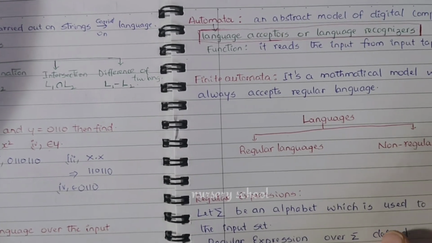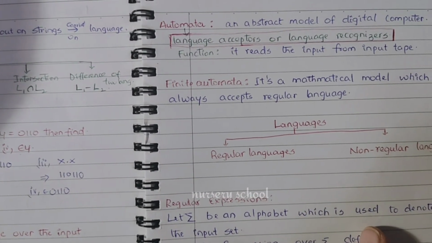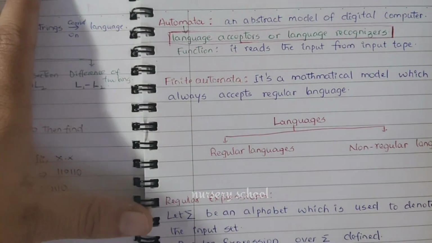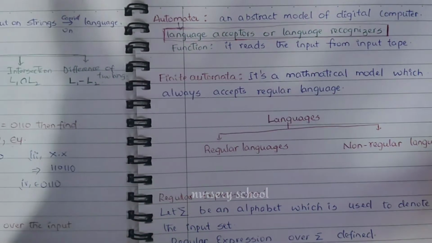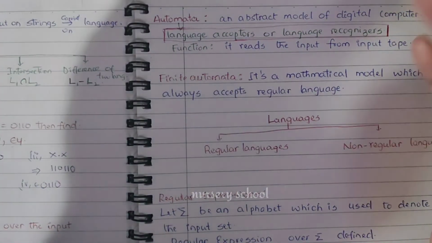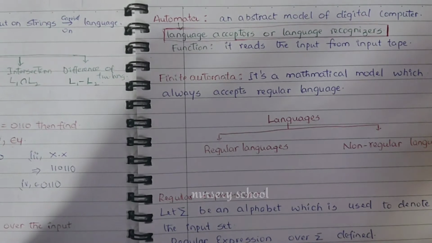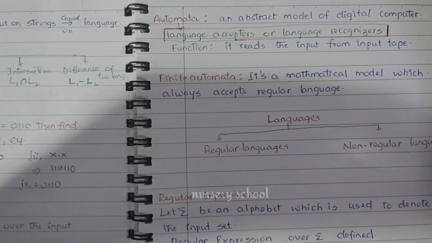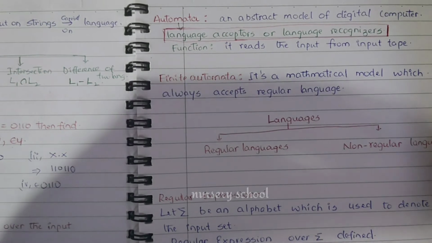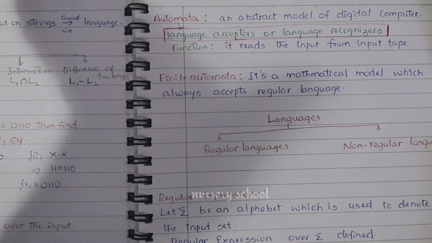So next topic we will see about automata. What do you mean by automata? If you derive it in a normal, generic way, it's an abstract model which accepts our input data and produces some output data, meaning some boolean value, either 0 or 1.